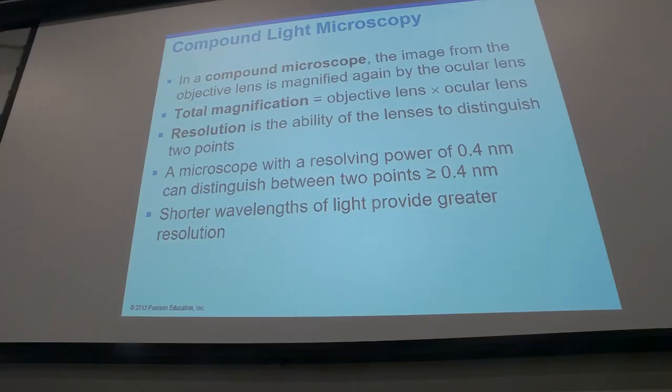So the distance between one part of the wave and the other one, this one is bigger than this. So in this case, you will see the object sharper with a better resolution microscope. So in this one, you lose the shape, while this one you can see it very clearly.